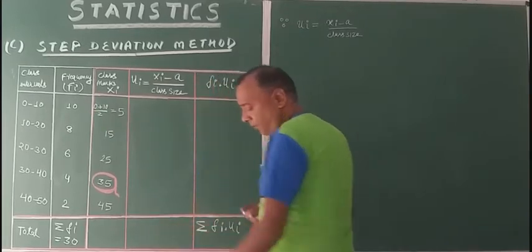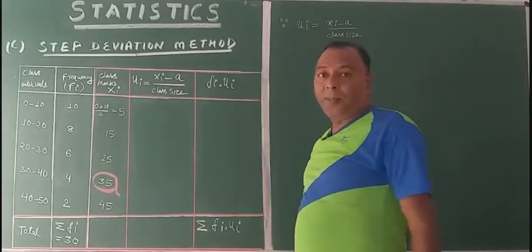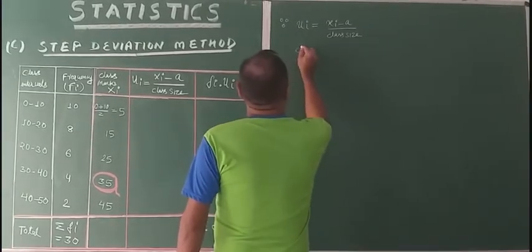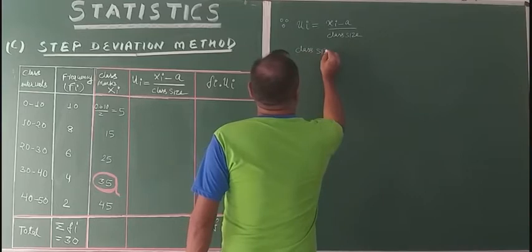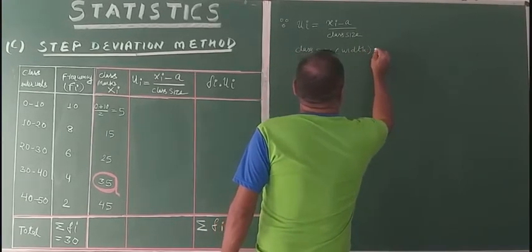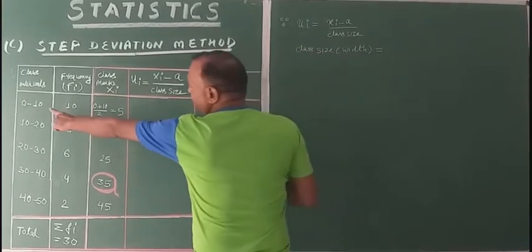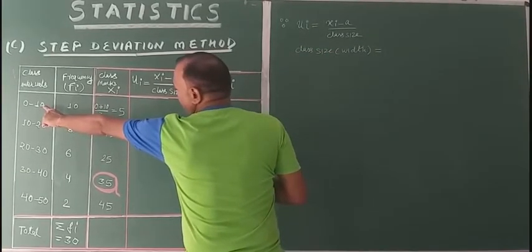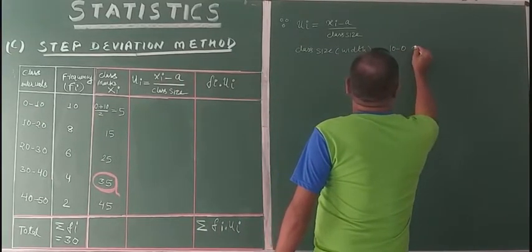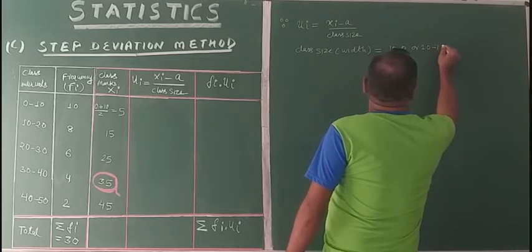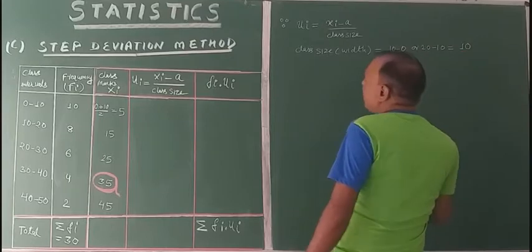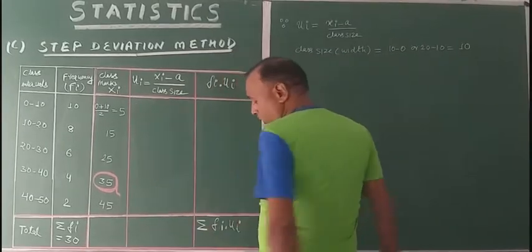Class size is upper limit minus lower limit, or you can say class width. Just look at each interval: 10 minus 0, or you can write 20 minus 10, and so on. So our class size is 10.